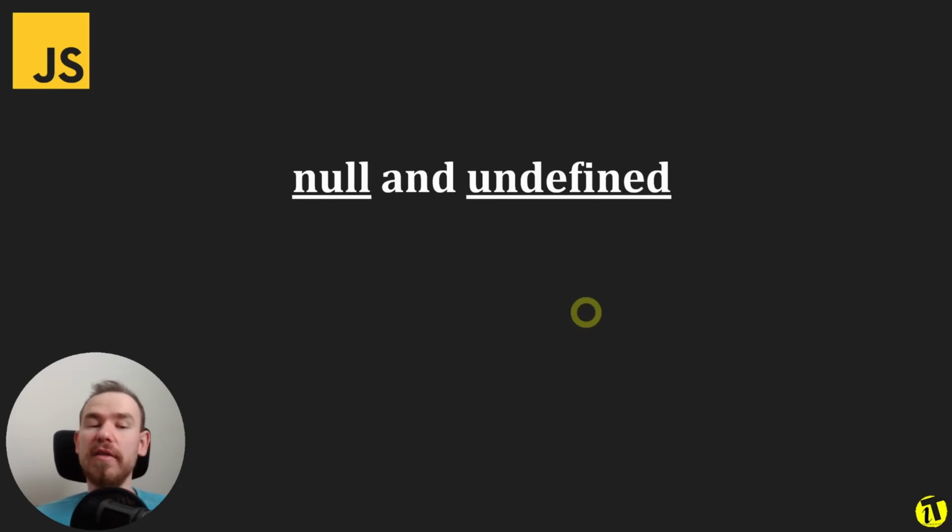So the user is not logged in, so the object of the user is null. Or we want to clear the person that currently logs in or logs out and assign a null value. However, undefined is automatically assumed: if we create an empty variable, by default it is going to be undefined.